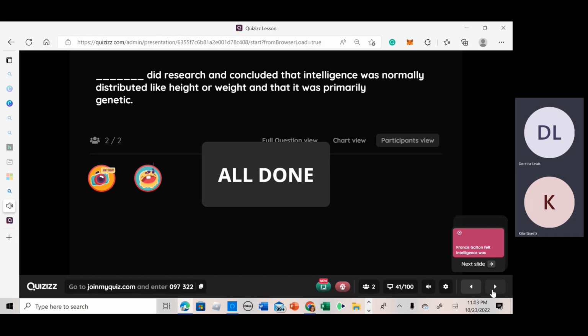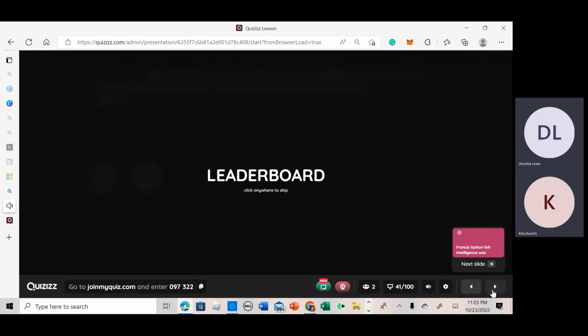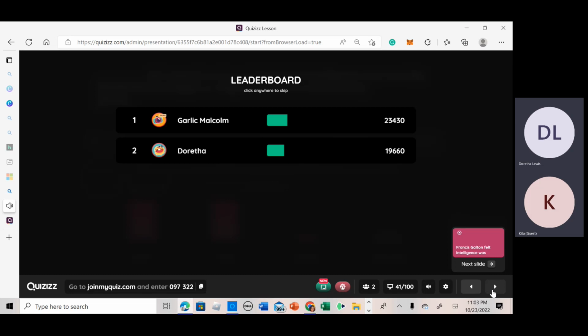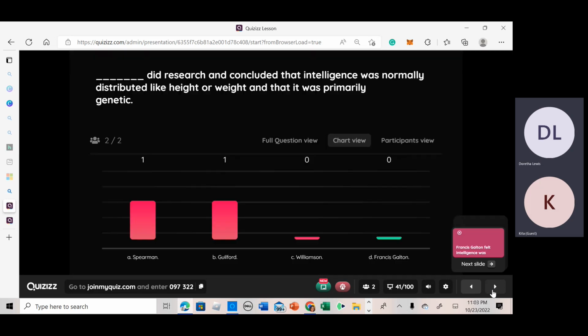Francis Galton did research and concluded that intelligence was merely distributed like height or weight, and that it was primarily genetic.